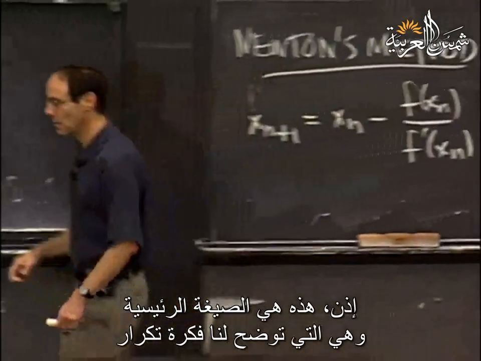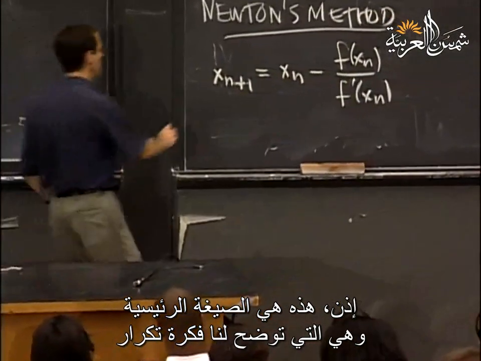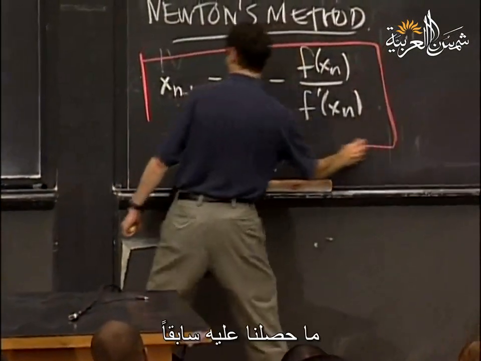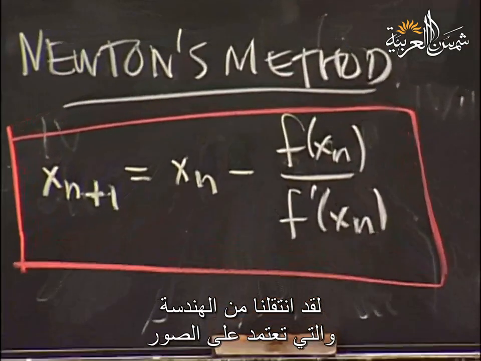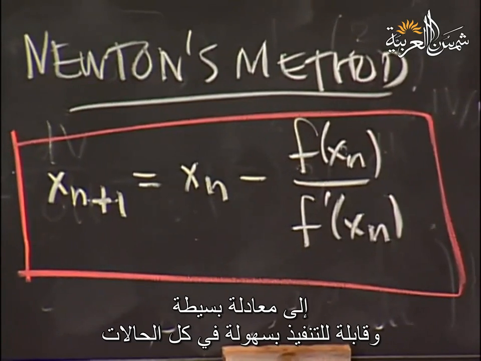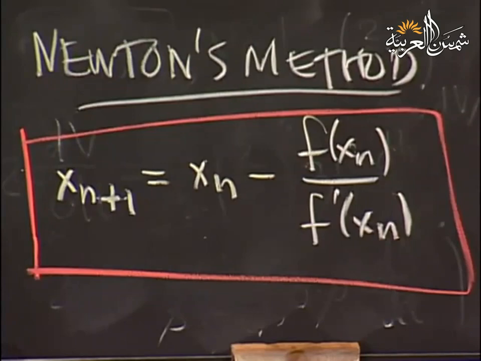So this is the basic formula, the idea of just repeating what I had before. And we've gone from geometry, from just pictures, to an honest-to-goodness formula which is completely implementable and very easy to implement in any case.